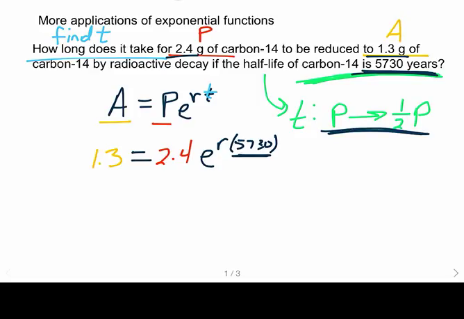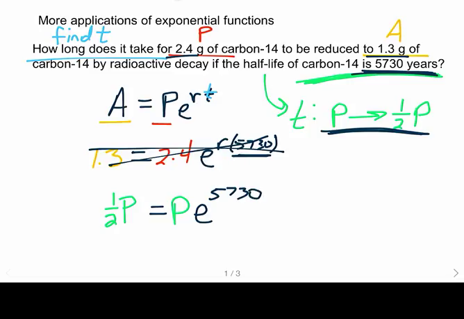Okay, so the way we're going to use that information is we're actually going to set up an entirely different setup first. That is, we're going to say if my initial amount is P, and over time I end up with half of that amount because of the half-life, and I know that that time is 5,730 years, then what I can actually do is use that to find the rate of decay.